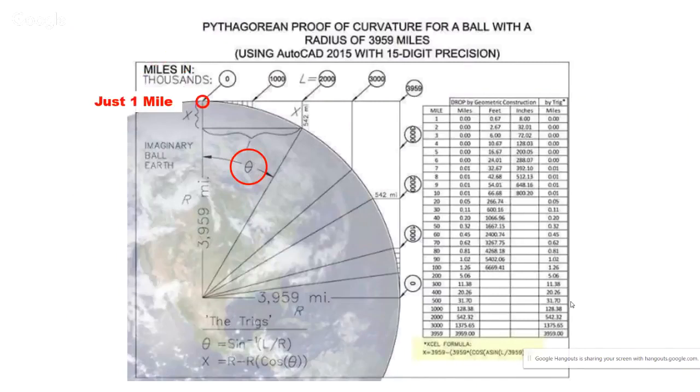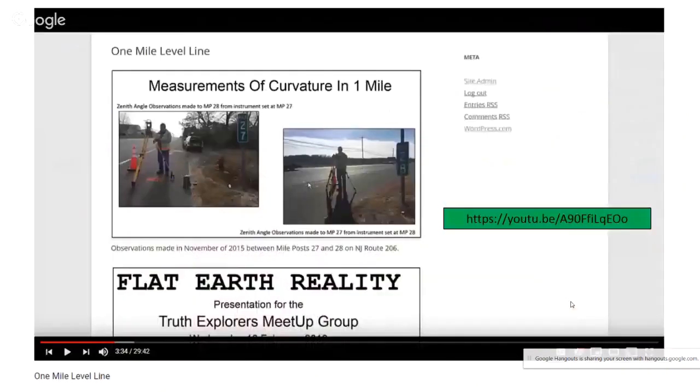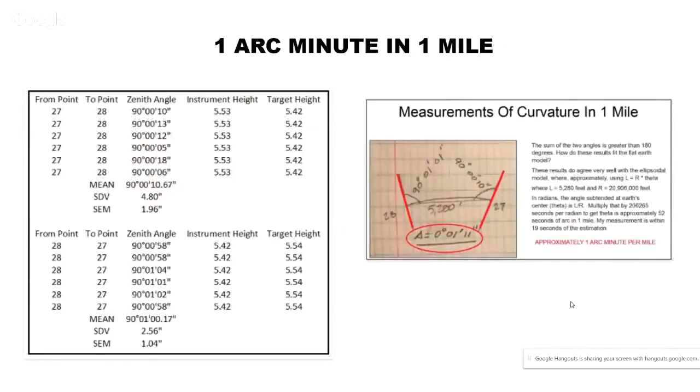So in just 1 mile, I went to these 2 mileposts on a north-south highway, Route 206, and I made a video about it. It's up there, and I measured approximately a minute, 11 seconds, taking numerous repetitions of angles there.